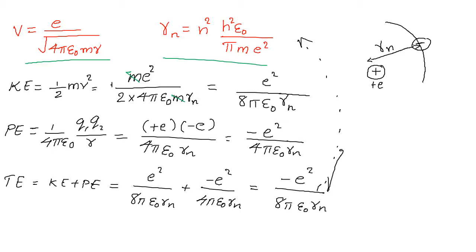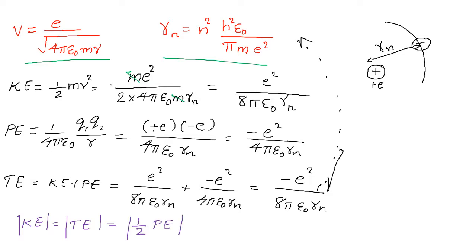So we have the final formula, and it is worth noting 2-3 points. Please note that numerically kinetic energy and total energy are equal. Both are e square divided by 8 pi epsilon 0 Rn. So kinetic energy and total energy are numerically the same, and that is numerically equal to half of the potential energy, correct?